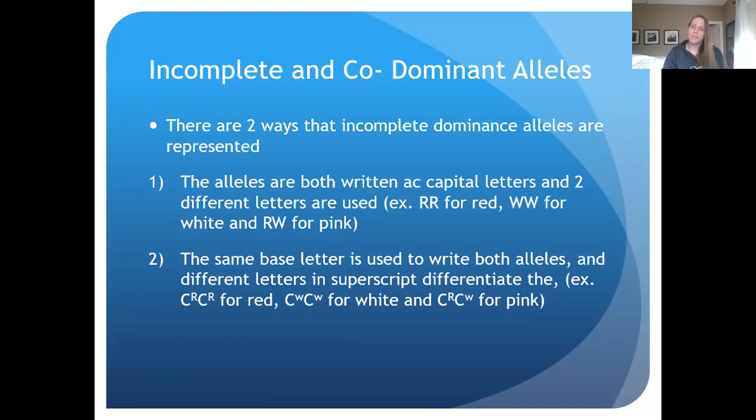Or sometimes you'll use the same letter as your base and have a little exponent that denotes the actual alleles. So you might have C for color, and then the exponent R R for red, the exponent W W for white, and the exponent R W for pink, or the red and white. I usually do the first version just because it's less writing and I'm a little lazy. But you should be able to recognize it either way.